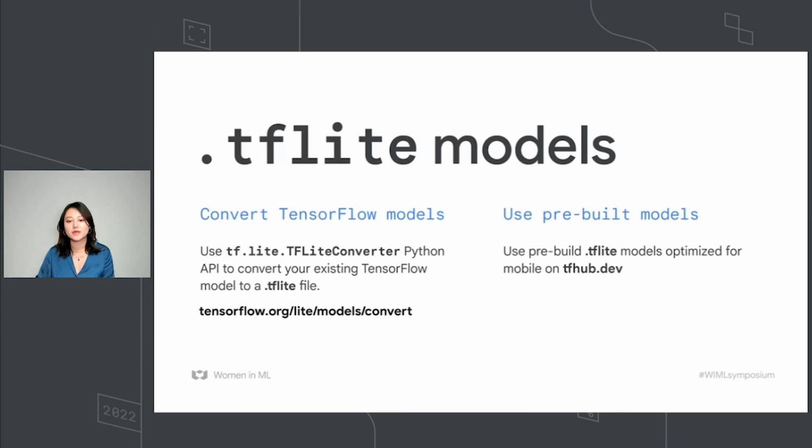Another way to get a model is to use the pre-trained TensorFlow Lite models provided. We have built solutions to common problems. If you're an app developer, you often need to solve image classification, object detection, pose estimation, question answering, and so on.